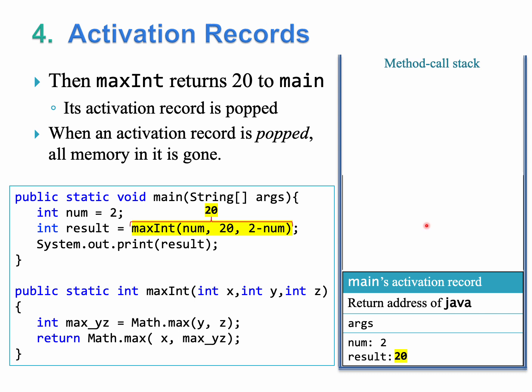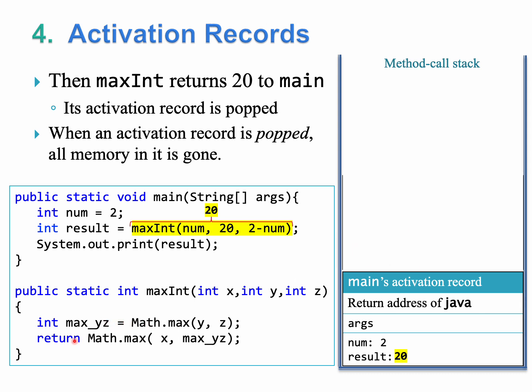Note that when a method call's activation record is popped off the stack, all memory allocated for that method call is gone.